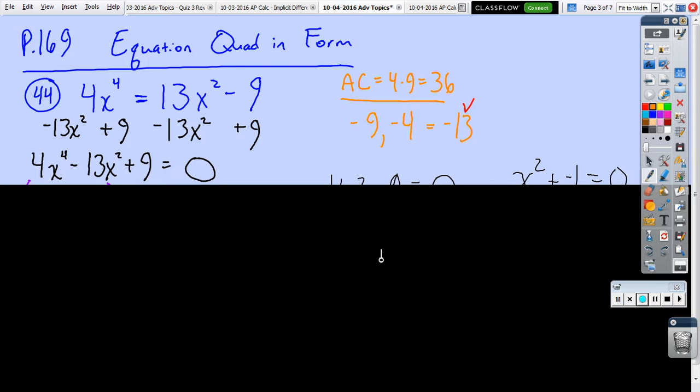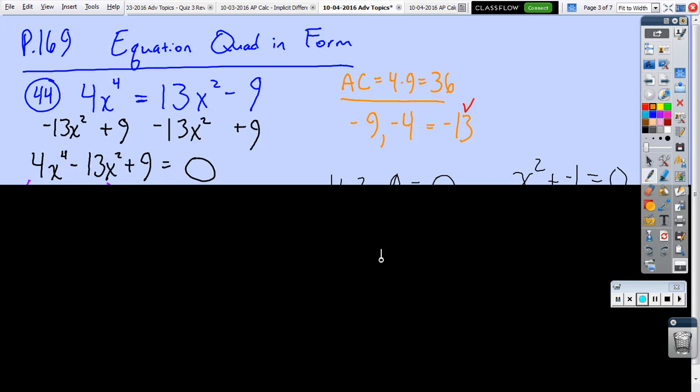Now even though it's technically not a quadratic, it's quadratic in form because this term is exactly twice the degree of that one. So you can think of it like how you would go about solving 4x squared minus 13x plus 9. You can approach it the same way.